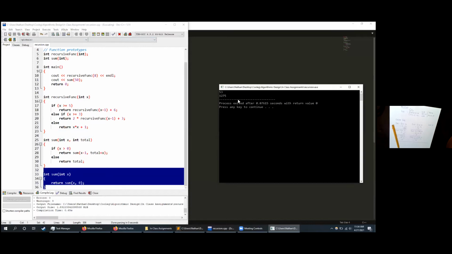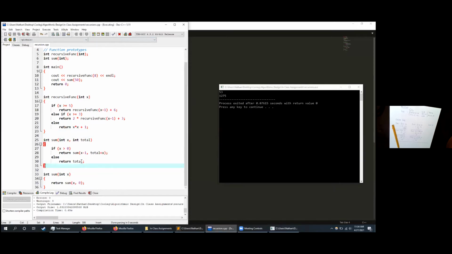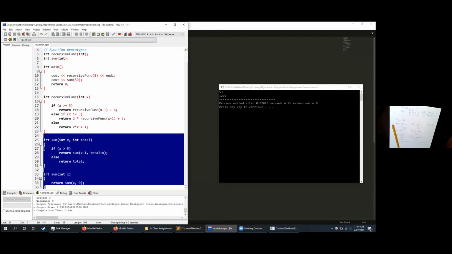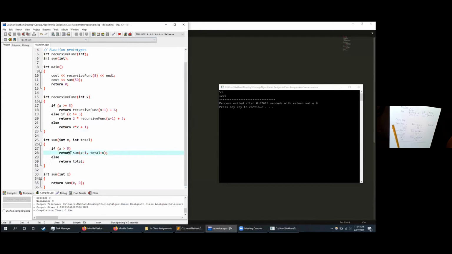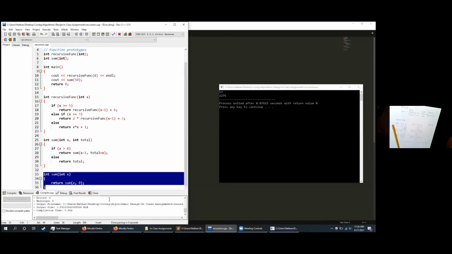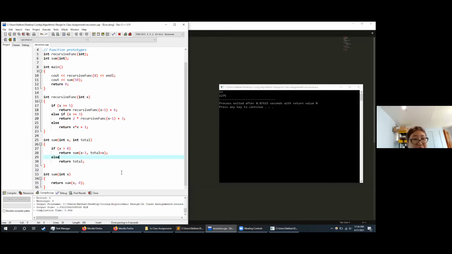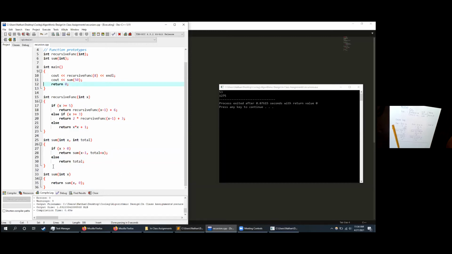Some people were having trouble remembering to put the return in, but that's all I really needed you to do today. It's a wall until you get it, and then it's like, oh, I got it now. I learned recursive functions a long time ago, and Julie knows it well from CPS 230. When you're done, we're done. Easy day.